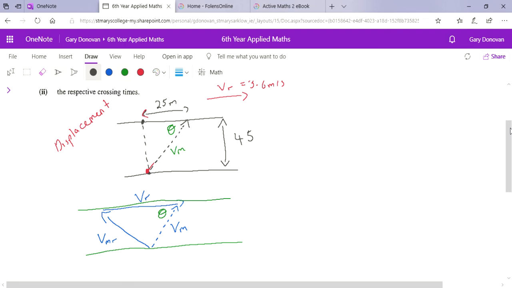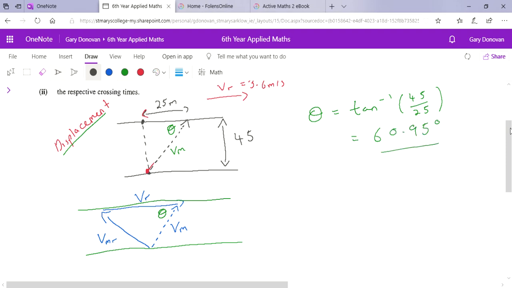So that angle there is the same as this angle here. So could we get theta? Well, we can get it from our first diagram, our displacement diagram. Theta would be tan inverse of 45 over 25, which is equal to 60.95 degrees.